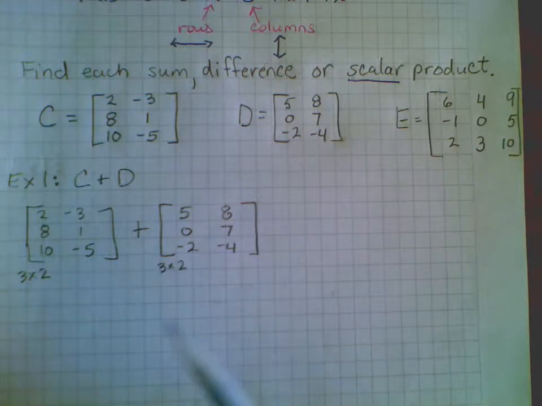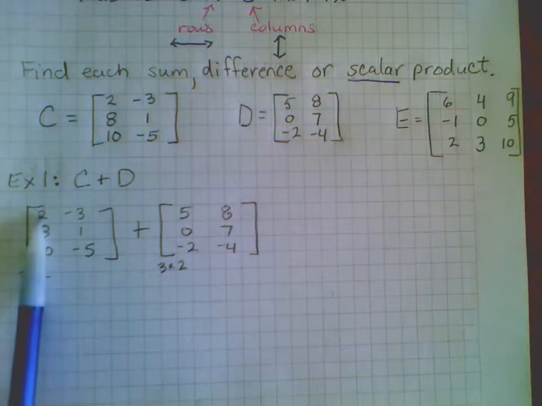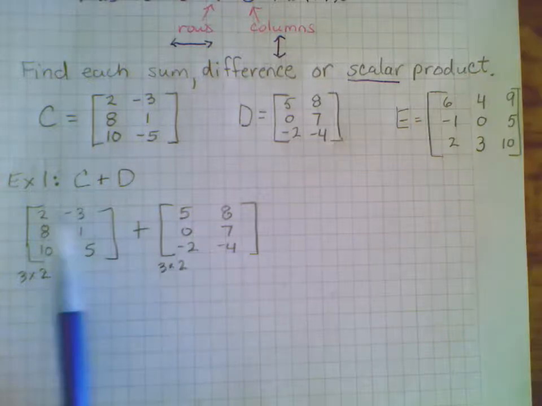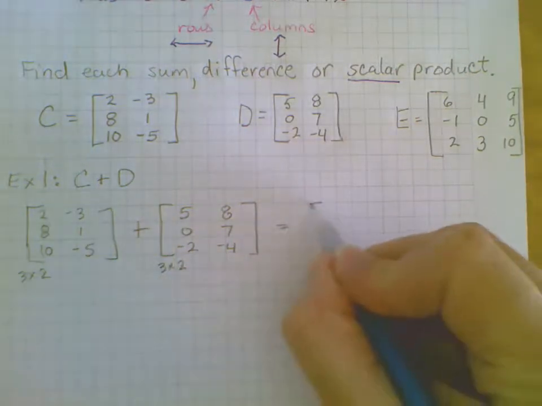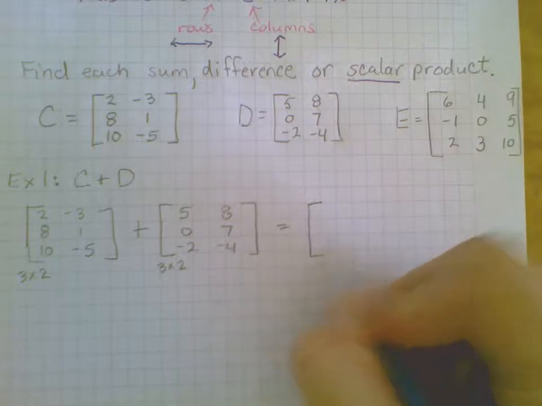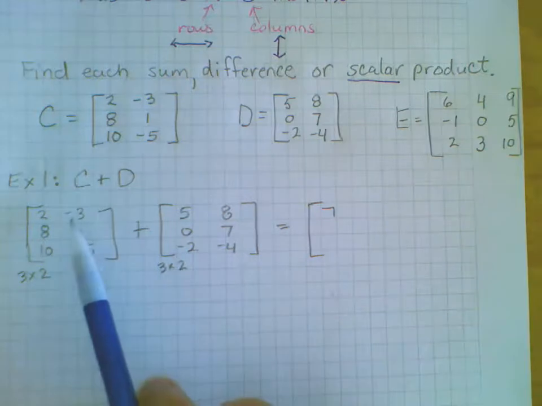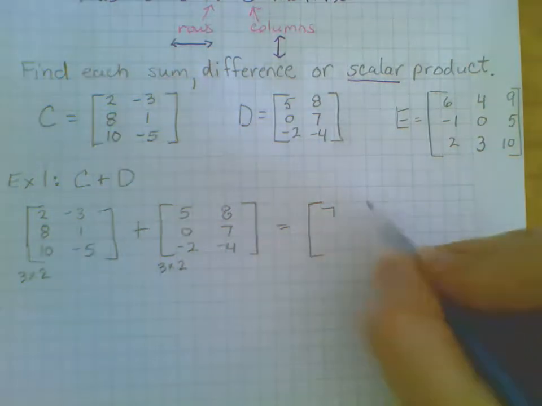And I'm going to take the 2 entry and add it to the same entry on D, which would be the 5. So 2 plus 5, and then I'm going to get my answer matrix. It really doesn't matter what order you go in, but I'm going to go ahead and do -3 plus 8.